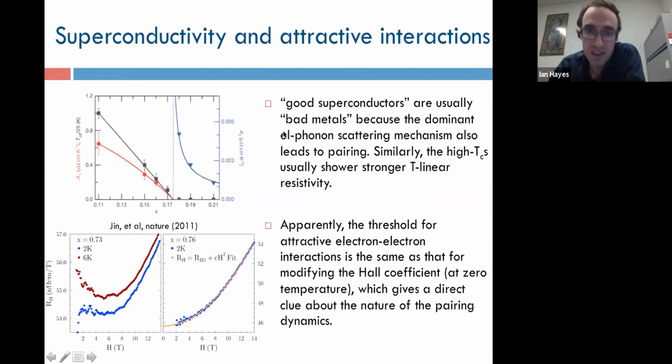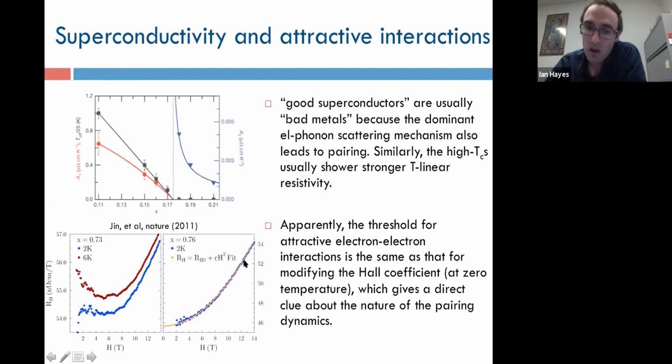The analogy being that the stronger the scattering is, the stronger the interaction is, and therefore the stronger the attractive part of the interaction will be. The resistivity by itself doesn't allow you to factor out which part of the interaction, it doesn't give you any information about what part of the interaction is going to be attractive ultimately at low temperatures.